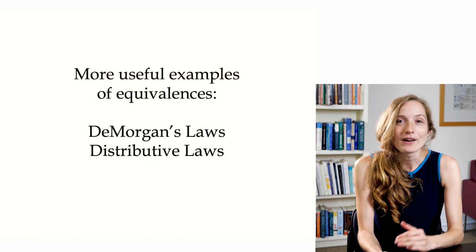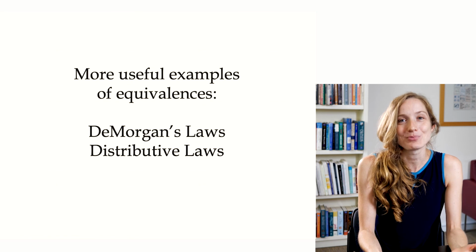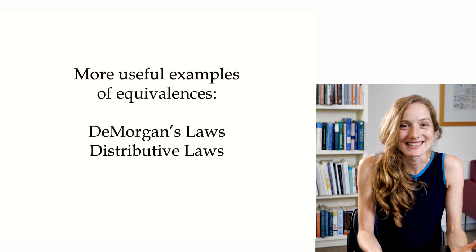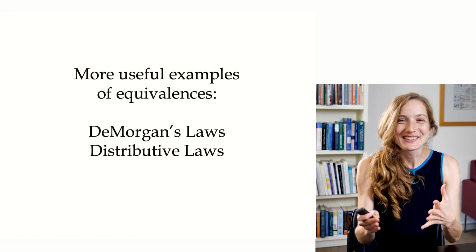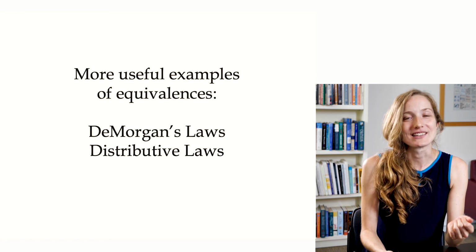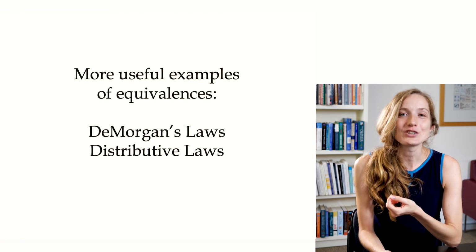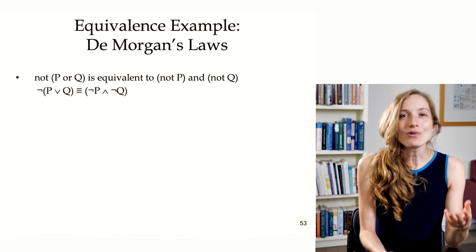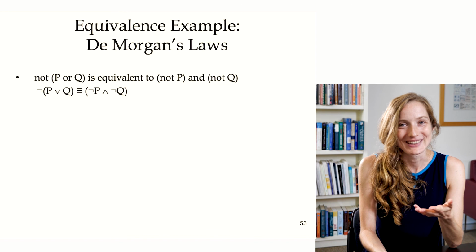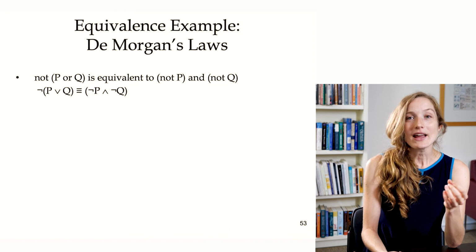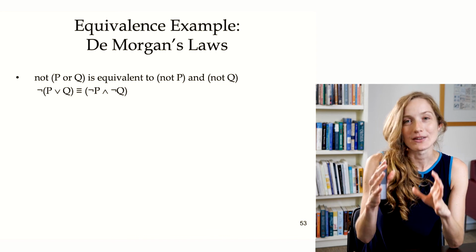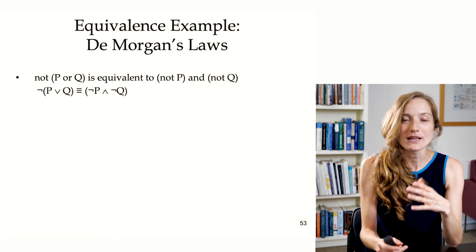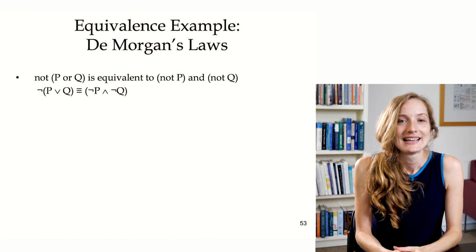I also want to give a few other useful examples of logical equivalences. The first, which we'll see in just a second, are known as De Morgan's laws. The second collection are distributive laws. De Morgan's laws, named after De Morgan, are ways of taking a negation to either an and or an or. Let's take a look at the first one.